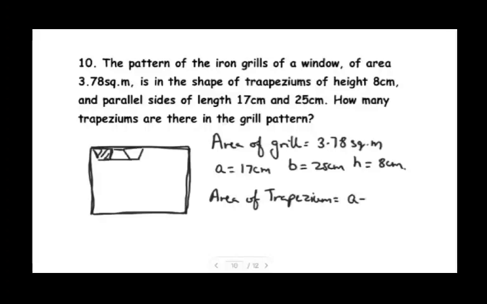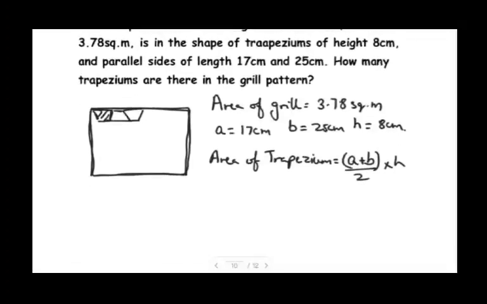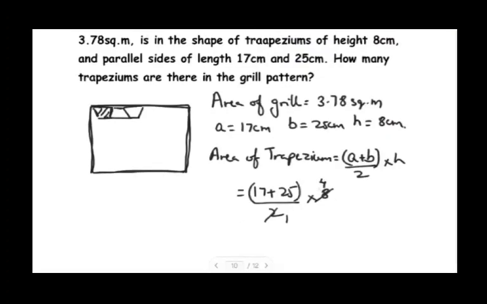What's the formula? (A plus B) upon 2 into H. Value of A is 17 plus 25 upon 2 into H is 8. So this gives me 42 into 4, which is equal to 168 square centimeters.